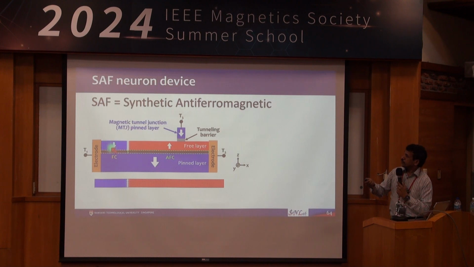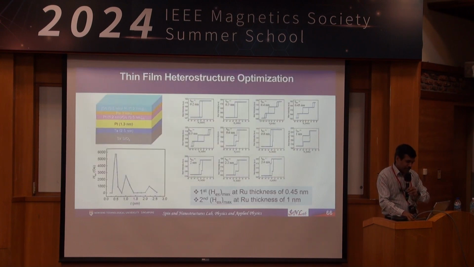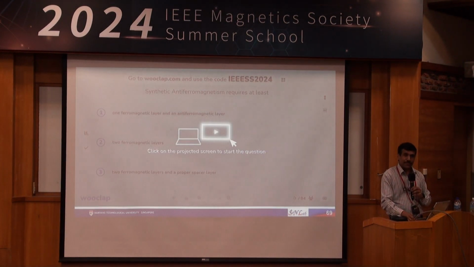So if you move the domain wall from one side to the other, once you remove the current, the domain wall will go back to its initial position because of the synthetic antiferromagnetic coupling. Because of time constraints, I will not go into the details, but you can always discuss with my student who presented the poster.